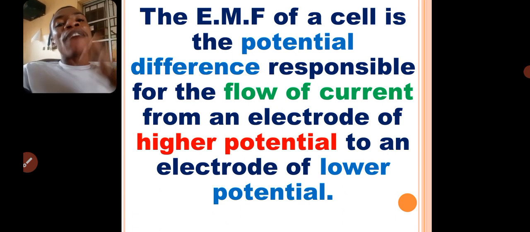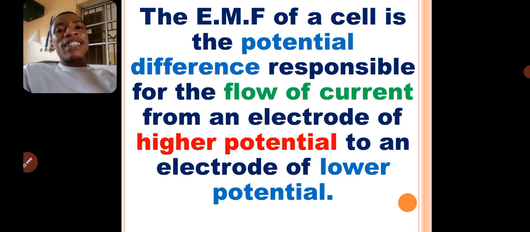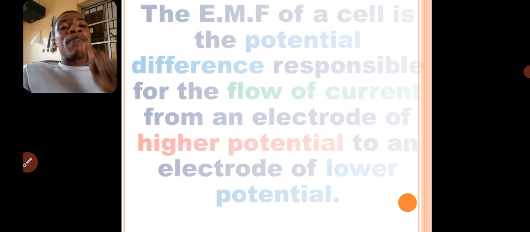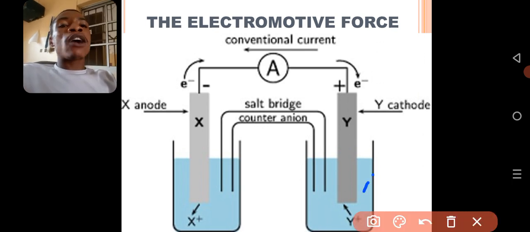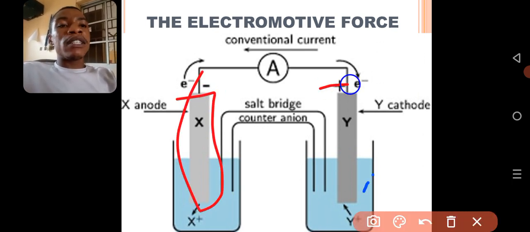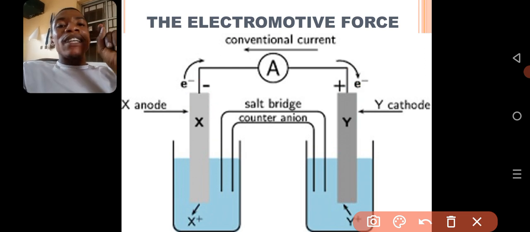And there are three factors that affect the value of the EMF. Number one, the nature of the electrode that was used. Now, let me tell you the meaning of that. If X and Y are close, their positions are close in the electrochemical series, the EMF will be small.